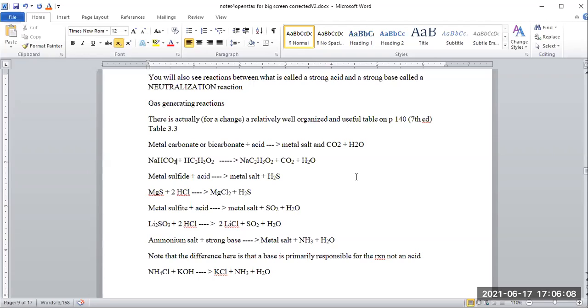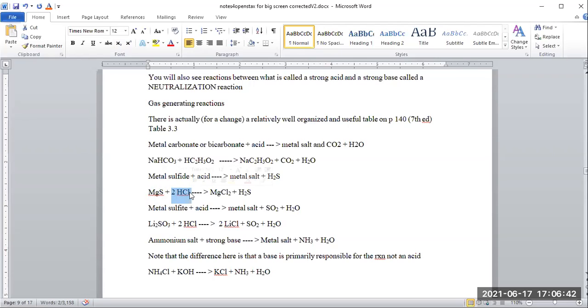Metal sulfides with acids give you hydrogen sulfide gas, stinky rotten egg smell, as the gas that is produced. And again, you have leftovers, okay? We still got to have balanced reactions. We still got to keep track of what we started with. So if I look at magnesium sulfide, so here is your metal sulfide. This time I'm adding hydrochloric acid to it.